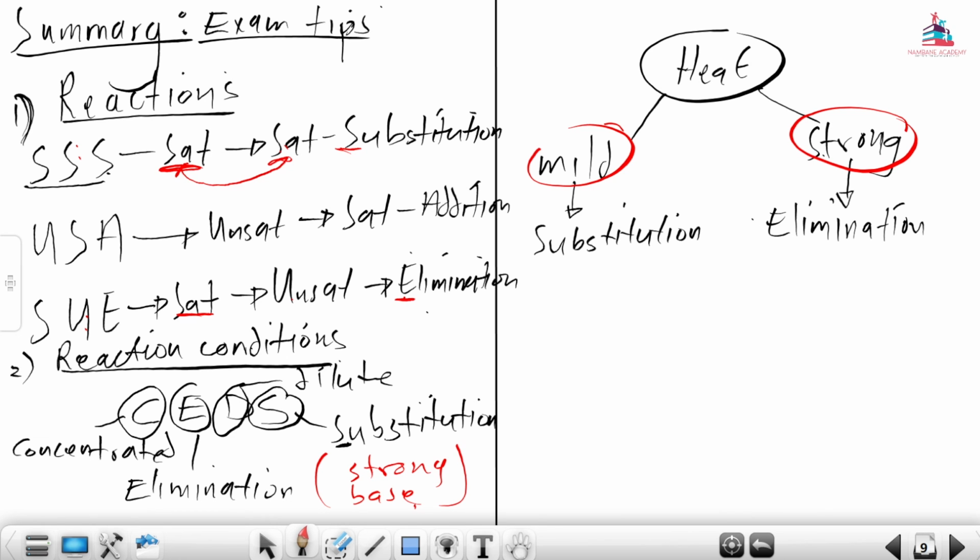So kindly take this analogy, this summary, as part of your preparation, together with the definitions and other things, of course. This becomes a nice summary of how to identify different types of reactions. So I'm going to add this one to the summary.